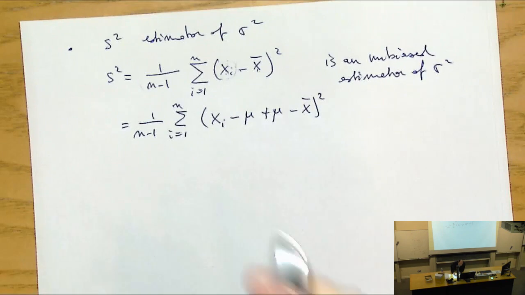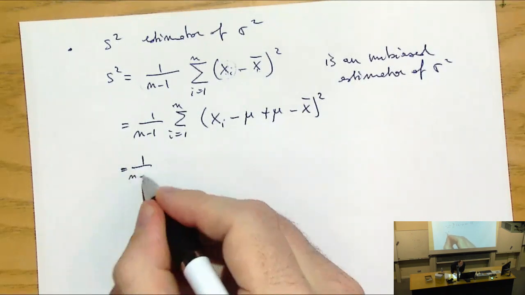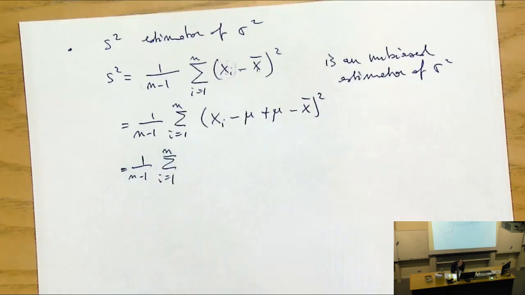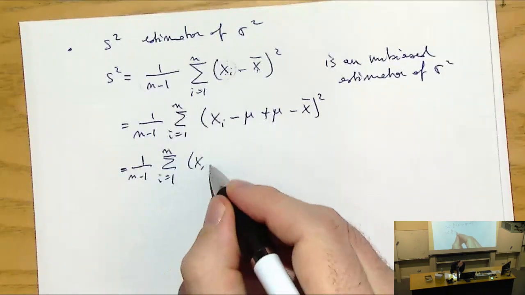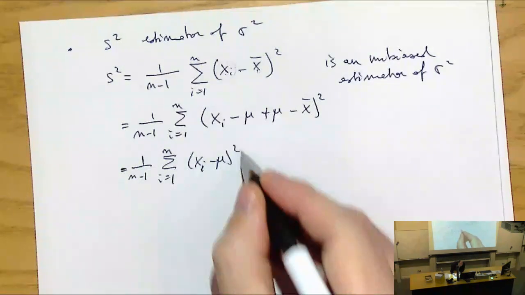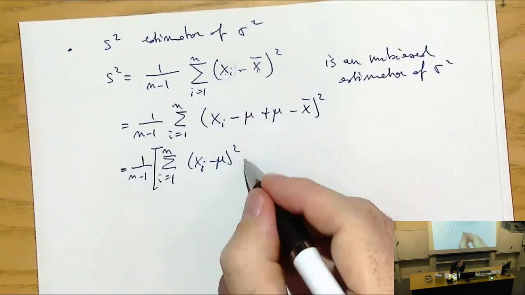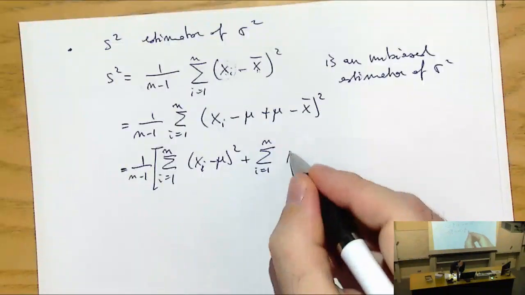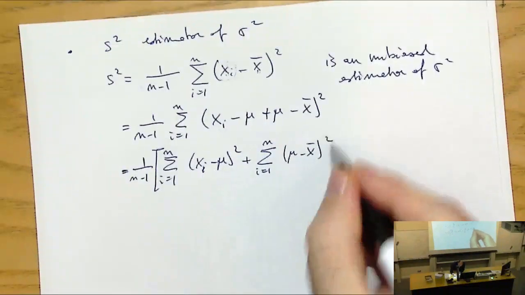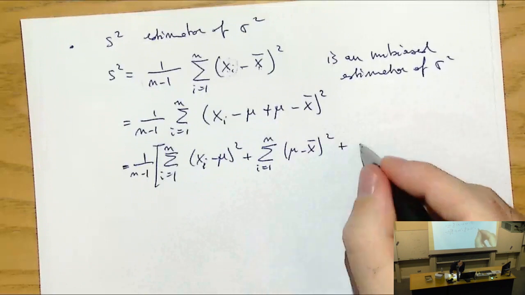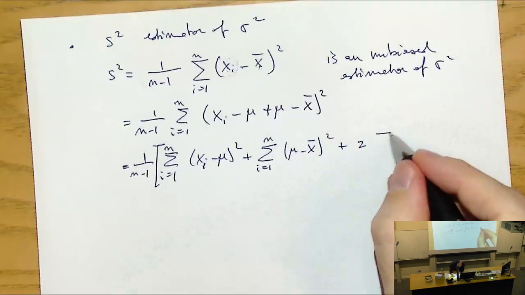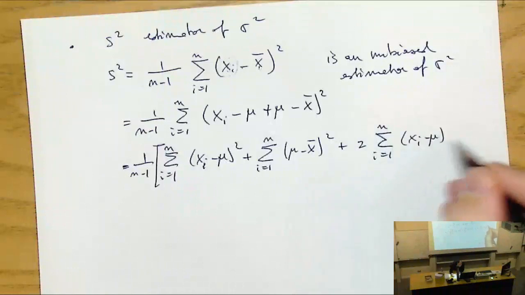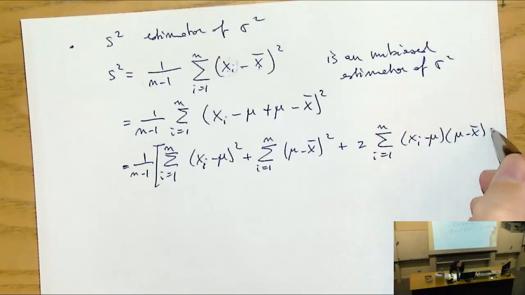By doing this we can show something interesting. I expand the terms, so I have the sum of xi minus mu square, plus the sum from i to n of mu minus x bar square, plus 2 times the sum from 1 to n of xi minus mu times mu minus x bar.